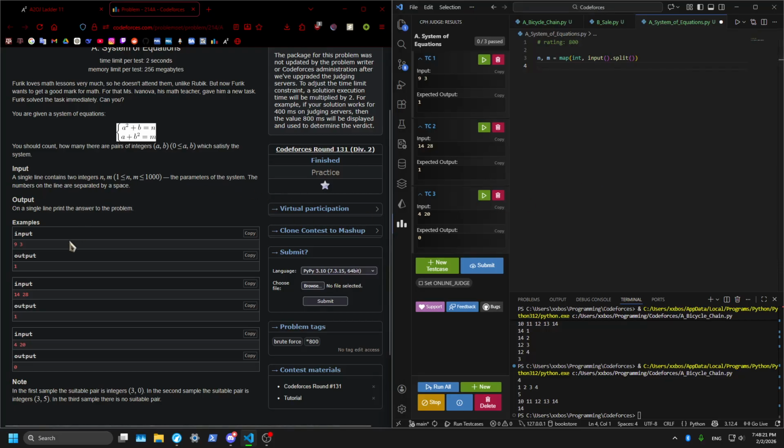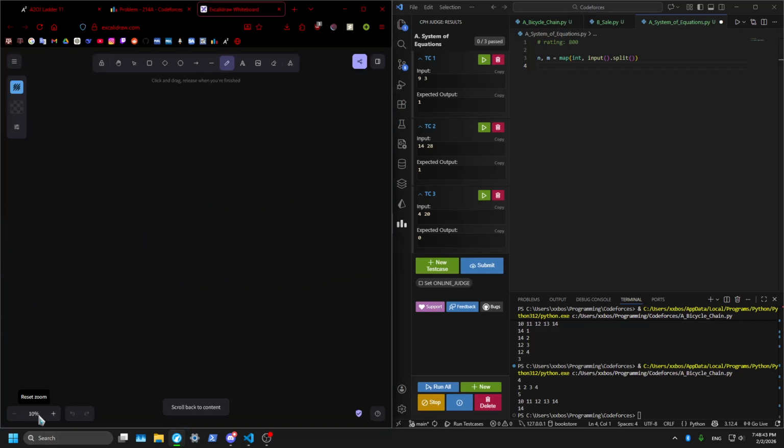The question is, can I see the pattern? A squared plus b equals n, and then a plus b squared equals m. So let me pull up a whiteboard. Okay, so we have two equations, a squared plus b equals n, and a plus b squared equals m.